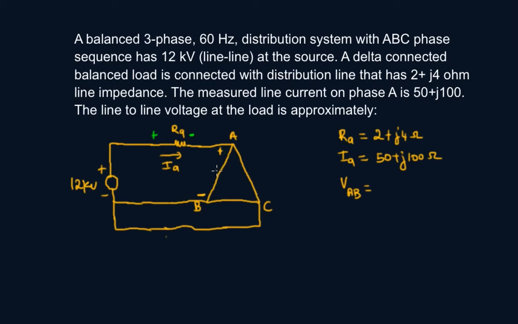So if we solve this per phase, we have 12 kV divided by square root of 3 per phase. We're only looking at this section right here, phase A, if you follow the pen. You have a source voltage and there's a voltage drop over here. In order to get this, you subtract the voltage IA RA.